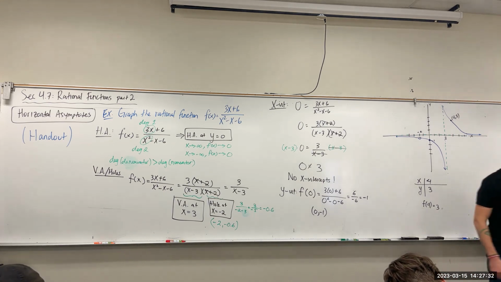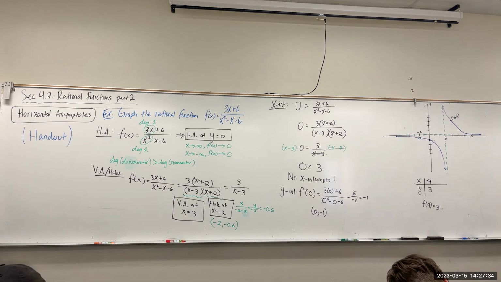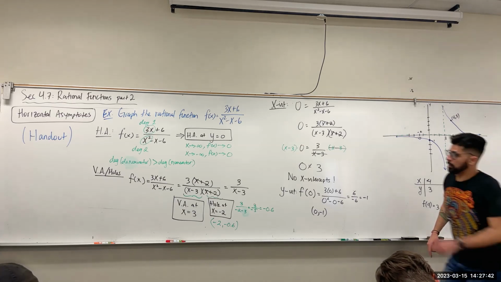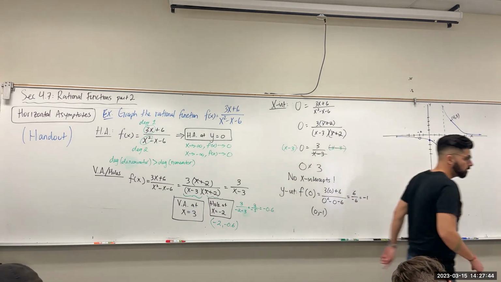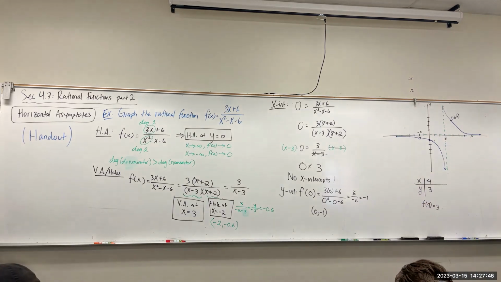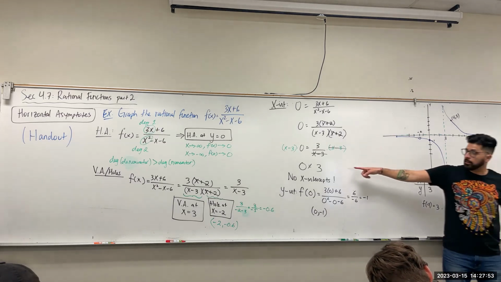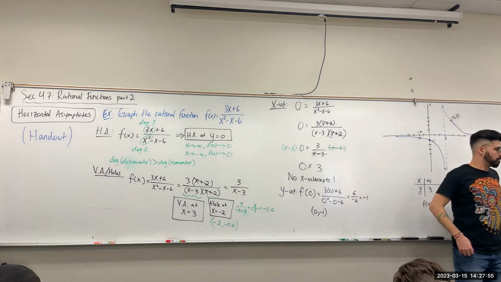Where's the x-intercept? If you multiply both sides like this, you get 0 equals 4, so that would work. Exactly. So it'd be like this scenario here.